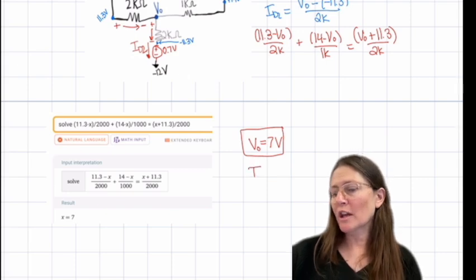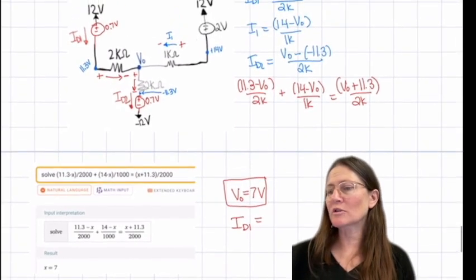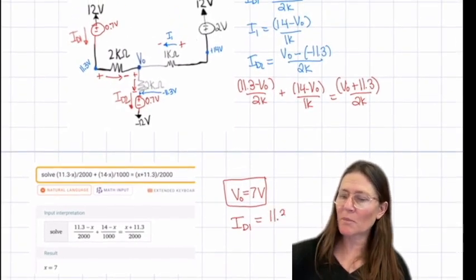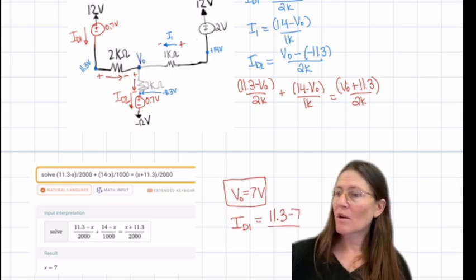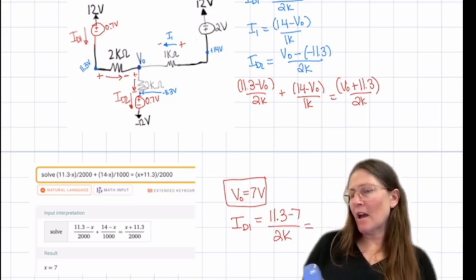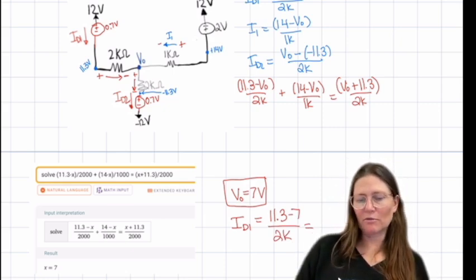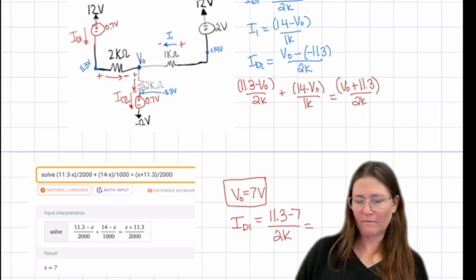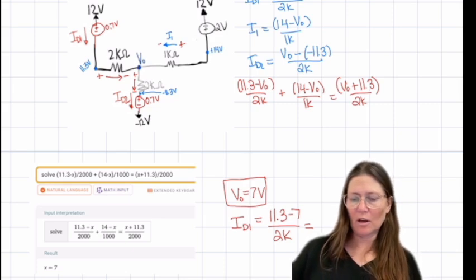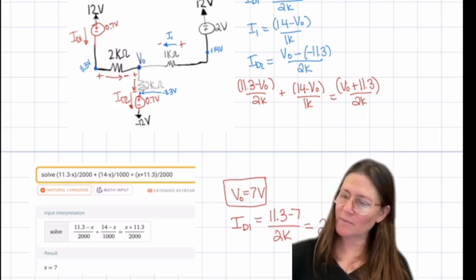So with that, I can go back to my ID1 equation and my ID2 equation. So 11.3 minus 7 over 2K gives me a positive value of 2.15 milliamps.